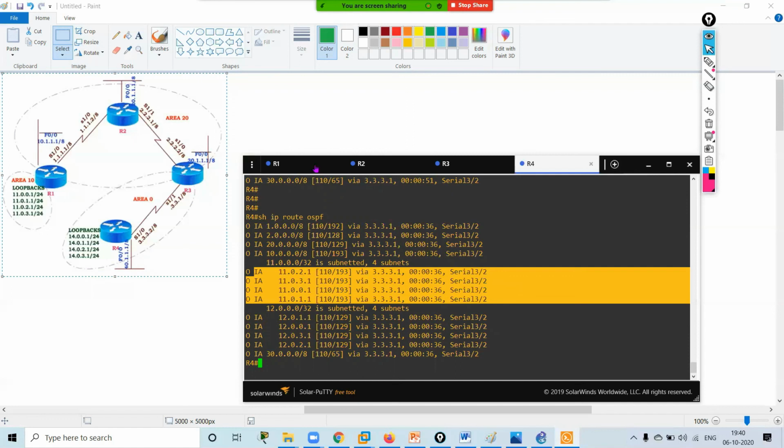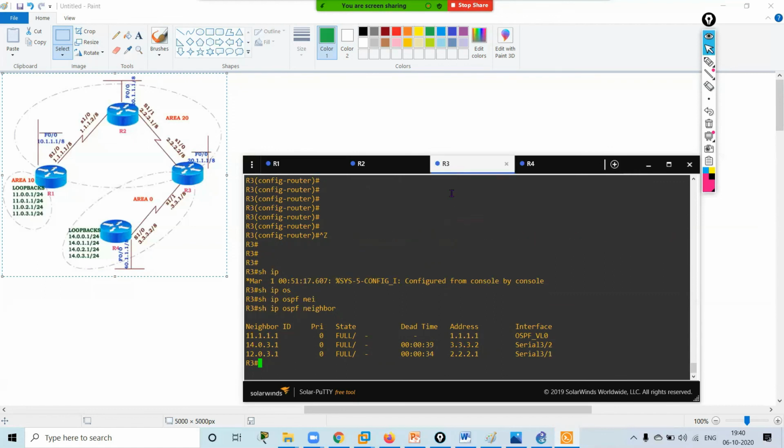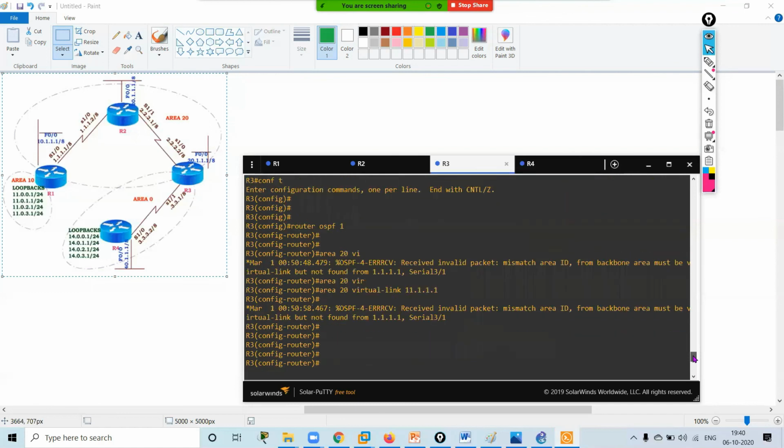Okay, I got it. I said area 20 is my virtual area and form a virtual link with the neighbor 33.3.3.3. And here I said form a neighborship with 11.1.1.1. Got it?